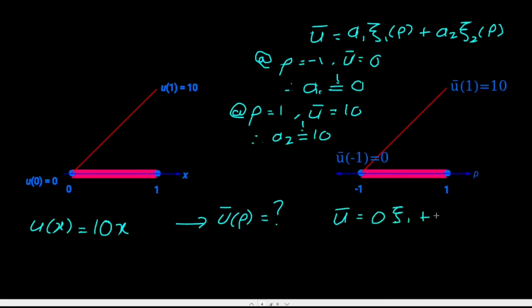In terms of ρ, if you simplify the expression, we have just 5 times 1 plus ρ. So you see here that u bar in this case is just expressed by psi2.